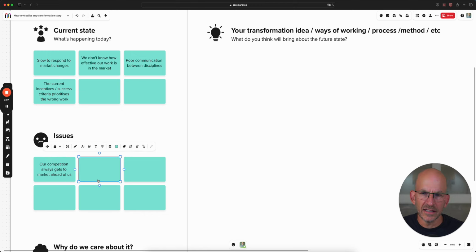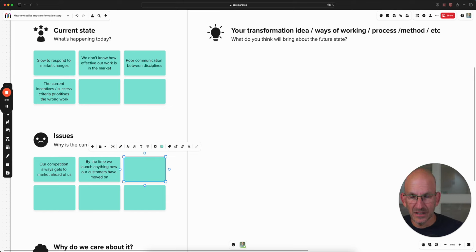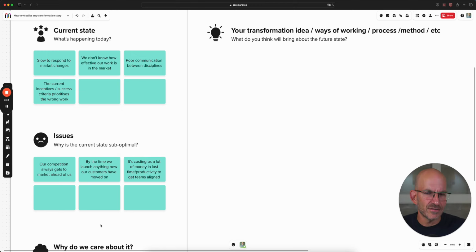It feels like by the time we launch anything new, our customers have moved on. Maybe it's costing us a lot of money in lost time or productivity to get teams aligned. So if our teams aren't talking to each other, it's costing us time. These are the kinds of things that are the symptoms of the current state.